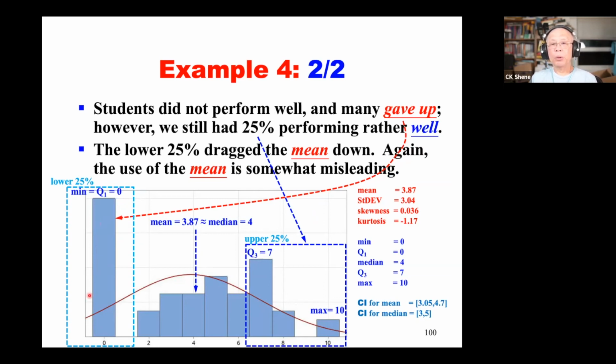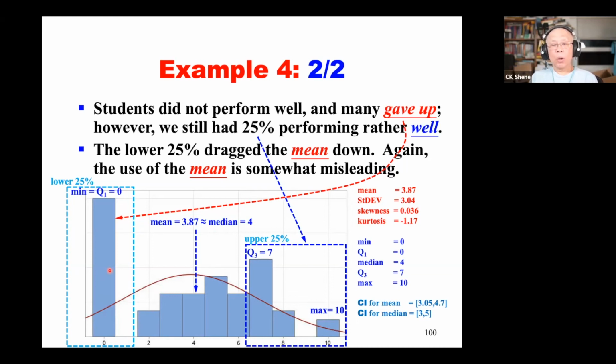Again, the use of the mean is somewhat misleading. So again, if you want to study this, you could do 2 things. 1, remove the lowest ones, 0, because they gave up, and see what you get. Notice here, these 0s are not outliers because they equal the 1st quartile and also equal the median value.